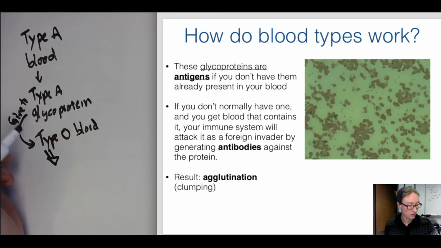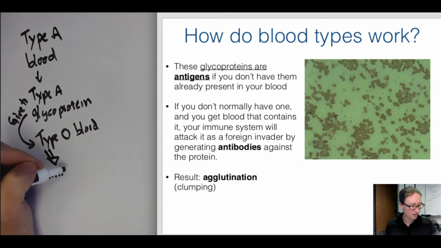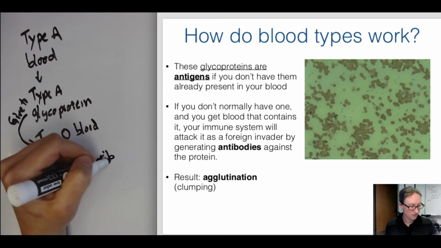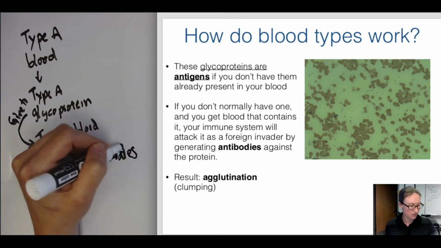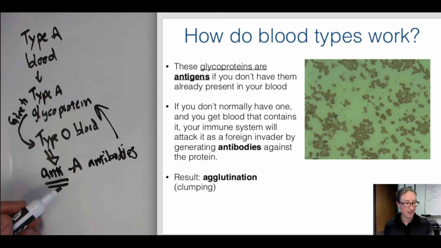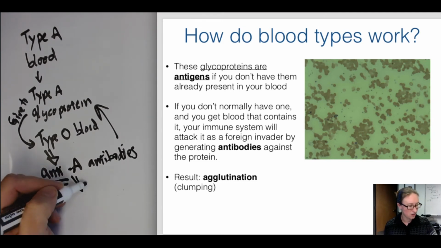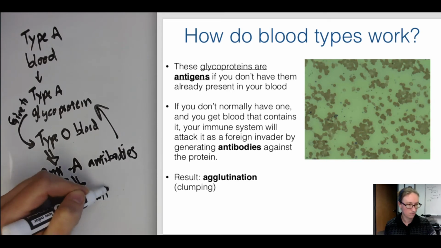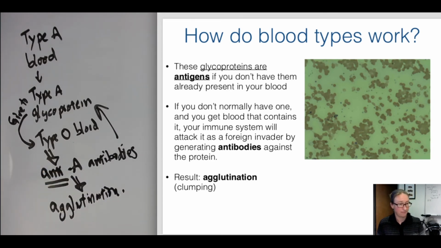So then that individual is going to produce anti-A antibodies, right? So against that A glycoprotein, anti-A antibodies, and the result will be agglutination. Okay, does that make sense? I hope it does. Think about it a little.